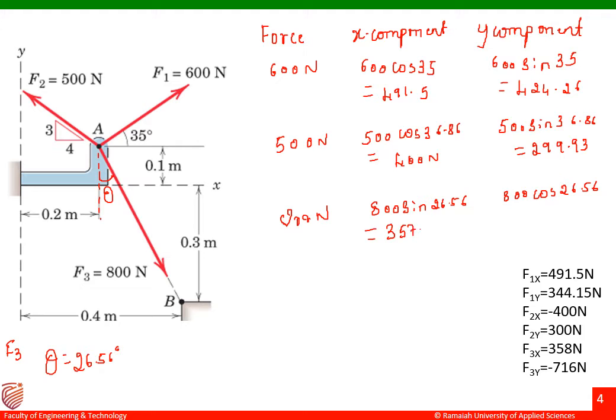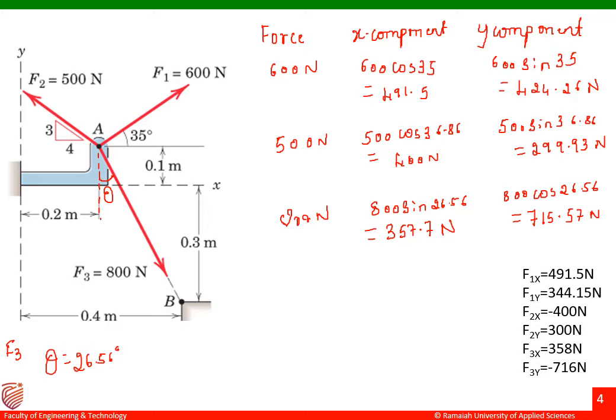So the answer for x component would be 357.7, and then y component would be 715.57 Newton. So don't forget to write the unit of all the forces, that is Newton, Newton, and Newton here. Okay, so this is how the resolution of the given force system is done.